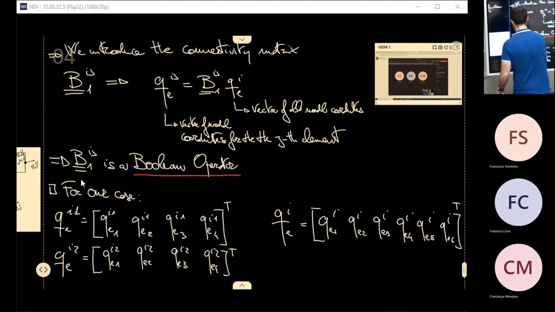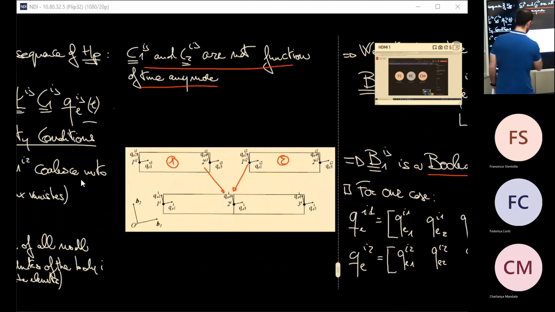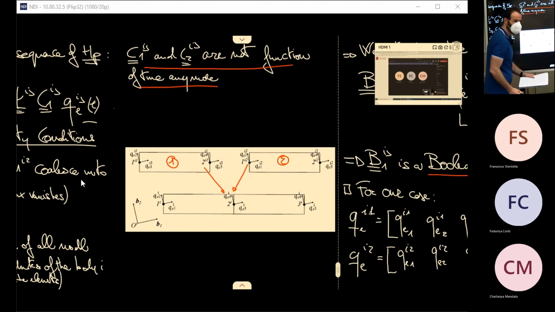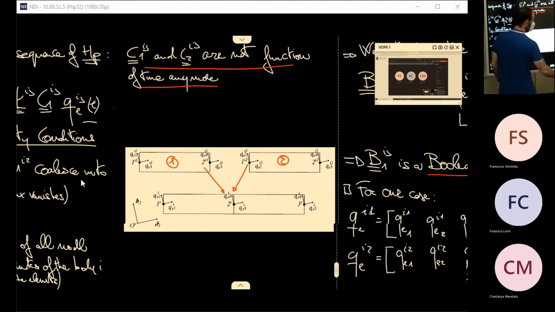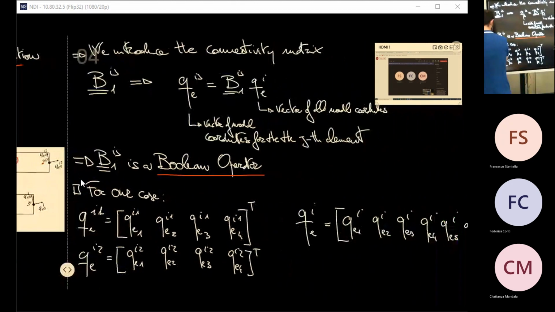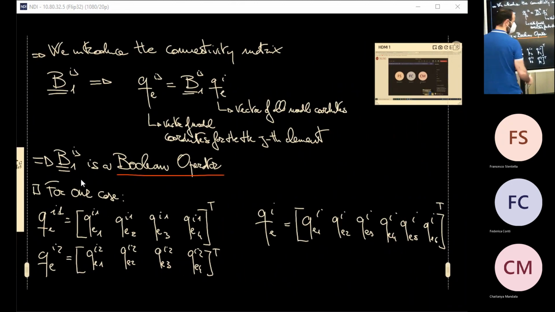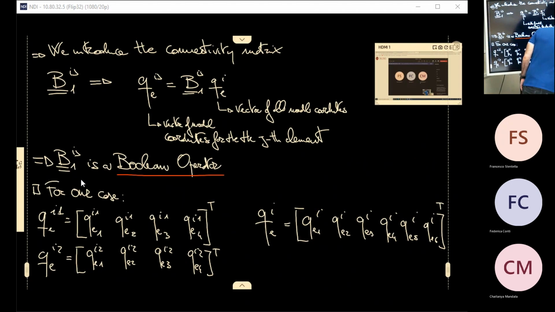So what I'm saying is that you have these 6 coordinates in the overall body, 1, 2, 3, 4, 5, 6. And when you have to pass from here to here, you have to enforce that this is the same. And you can do it exactly with the connectivity matrices. And you do it like so.